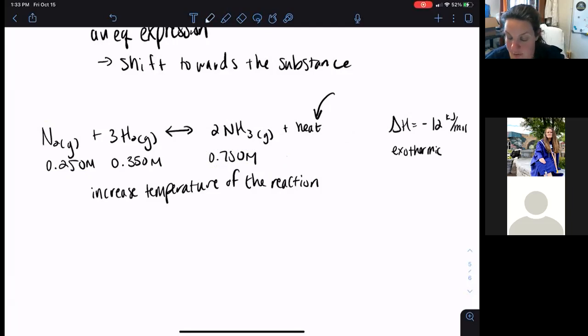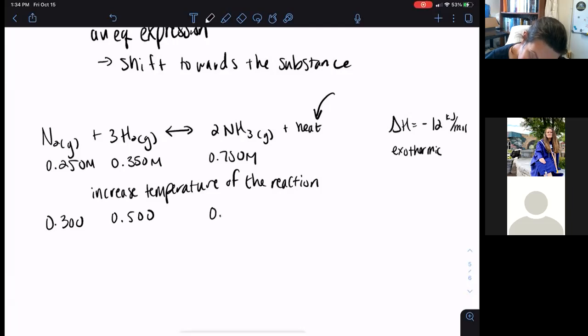That's going to cause a shift. So let's say that we end up with 0.350, 0.450, let's do that a little differently, sorry, 0.300, 0.500, and then 0.650 molar.